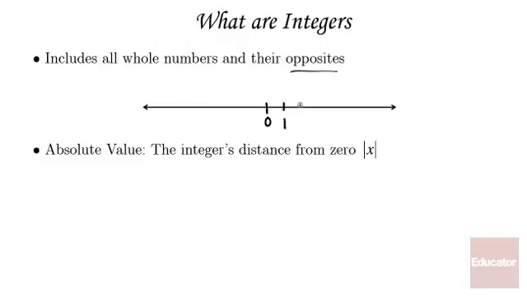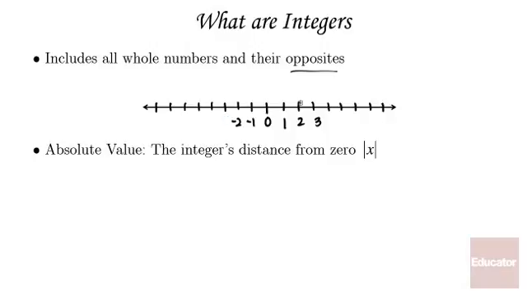So this is 1, 2, 3, 4, 5, 6, 7, 8. On the other side of 0 are negative numbers. This one's going to start off at negative 1, negative 2, negative 3, negative 4, negative 5, negative 6, negative 7, negative 8. So it's going to keep going.